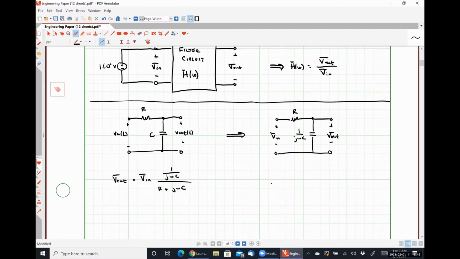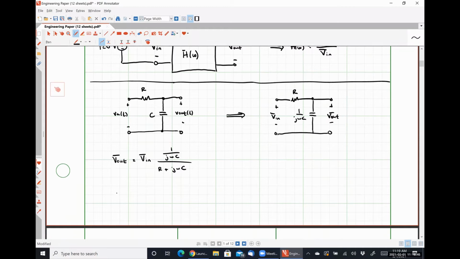So from this, we can say that our transfer function, H as a function of omega, is 1 over j omega c divided by R plus 1 over j omega c.